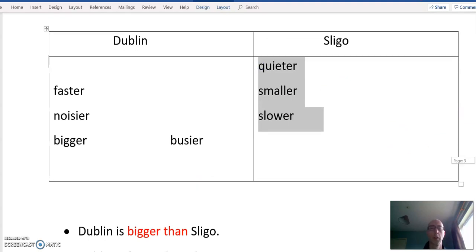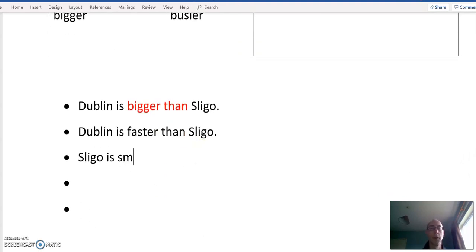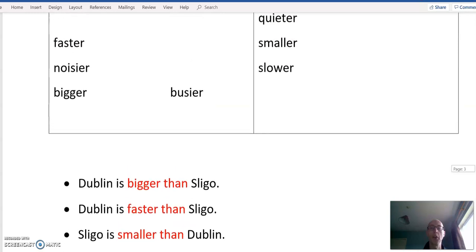Whichever one you want. Let's use smaller. Smaller than Dublin. Please don't forget we need the than. Than is important. Faster than, slower than, etc. Let's do one more with Sligo. Sligo is smaller than Dublin.